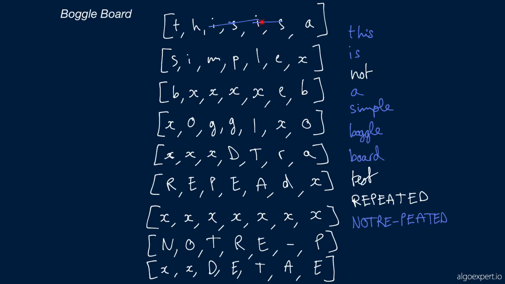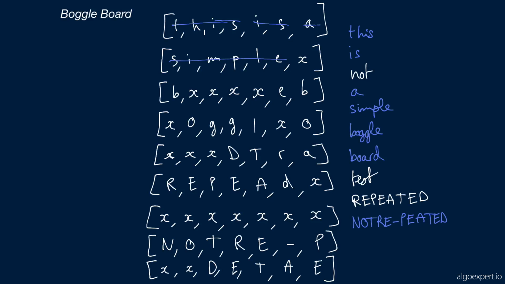It starts here with this I, and then it moves to this S backwards. Here we've got is from the word simple, starting at I here and going to S here. So you can have a word that appears multiple times in the boggle board, but you only want to return it once.